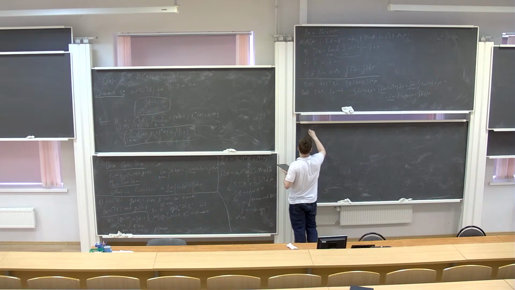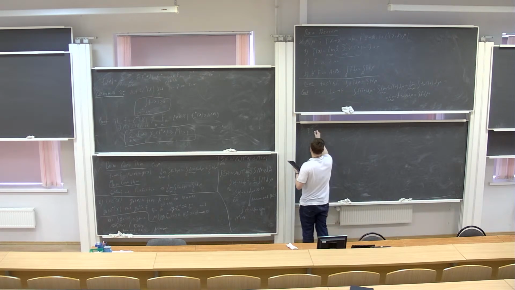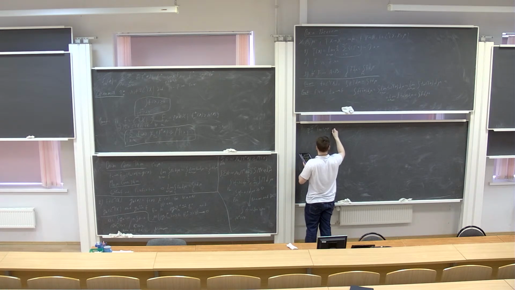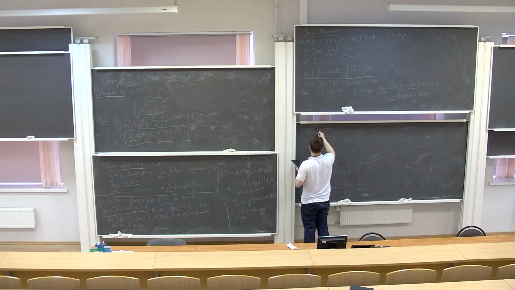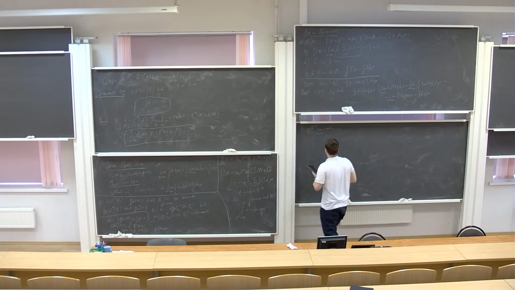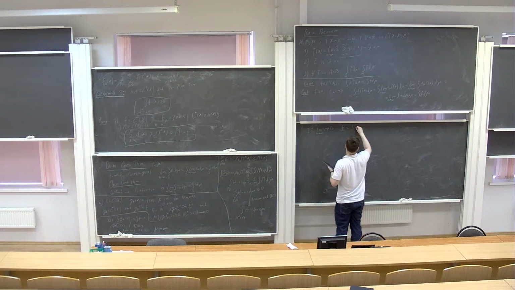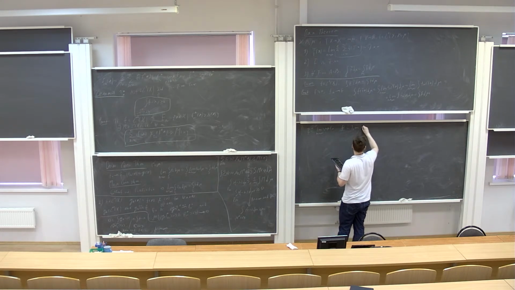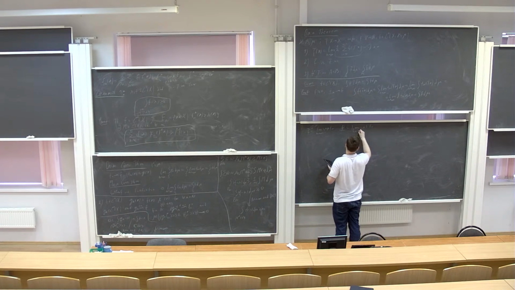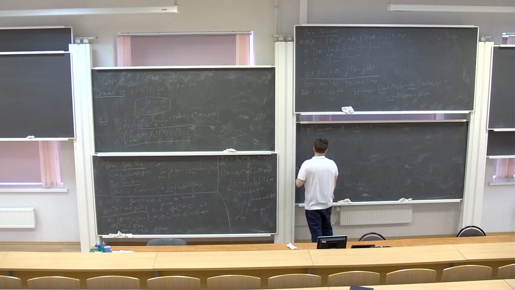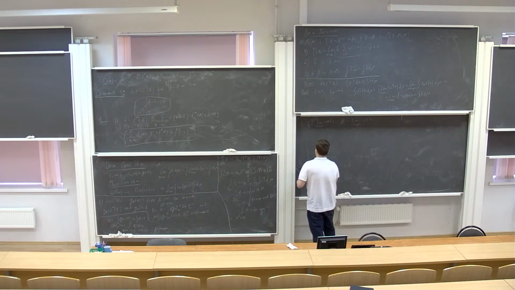Let f upper hat be such a limit, and let f lower hat be this limit. So basically, the limit supremum and limit infimum of Fn as n goes to infinity.